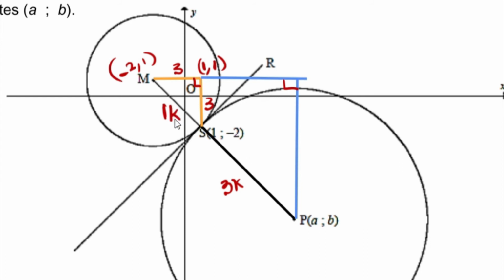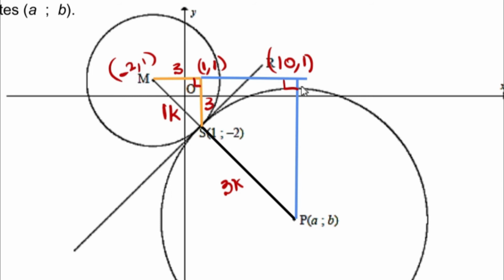Now if the ratio is 1 to 4, it will mean that if the distance here is 3, the whole distance here would have to be 12. So it is going to be 12 units to the right. The y will still be 1. However, the x would be 10 because it is 12 units after −2.